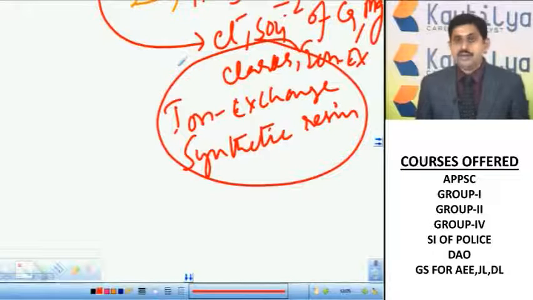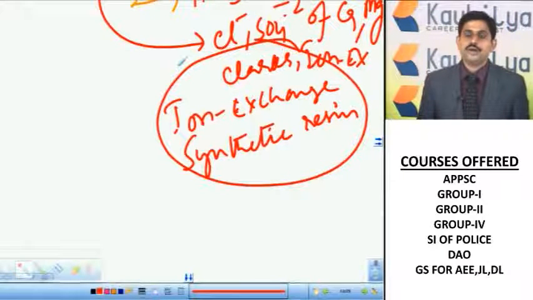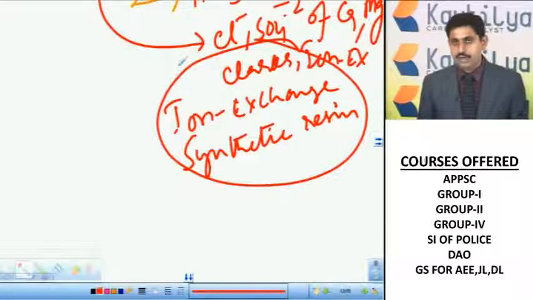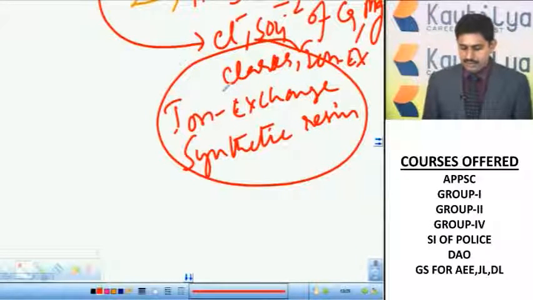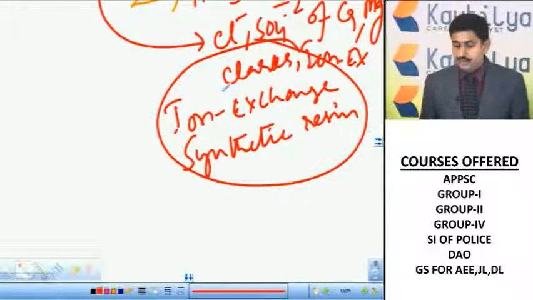If you use hard water, you cannot clean your clothes well. Using detergent we can clean to some extent, but if it is permanent hard water, because of the presence of chlorides and sulfates of calcium and magnesium, it is not suitable for cleaning clothes.